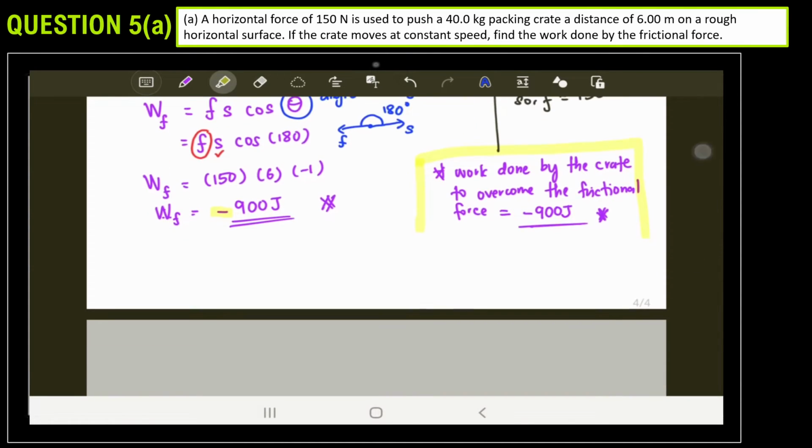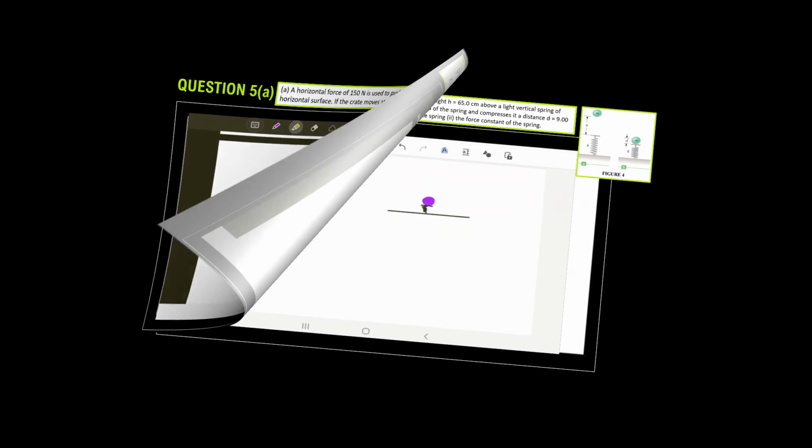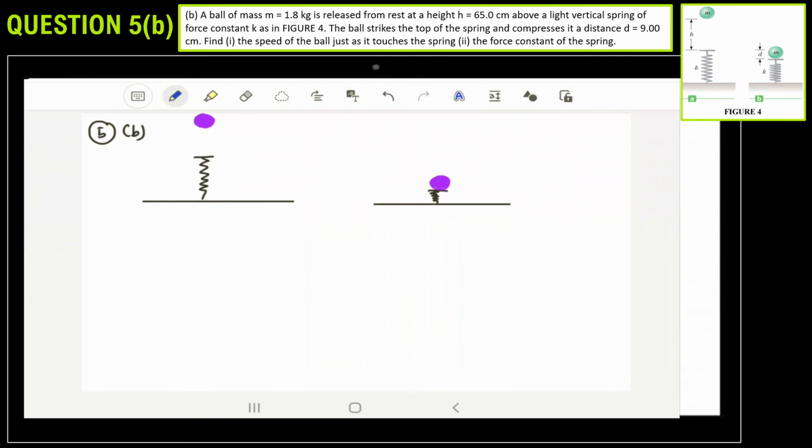So now let's proceed to question 5B. Okay, question number 5. So now we have a spring. Here we have a ball of mass 1.8 kg, and we also have a spring, where the ball is released from rest at height h equal to 65 centimeter above a light vertical spring.